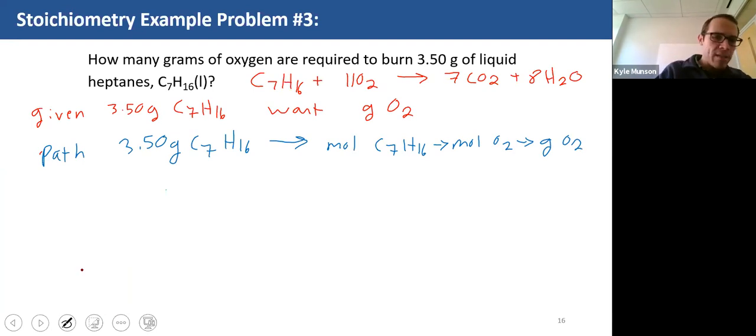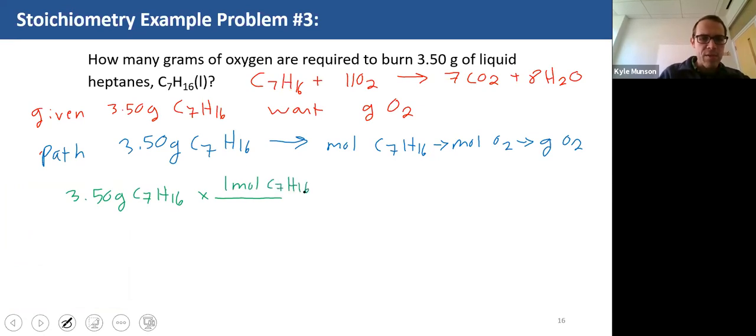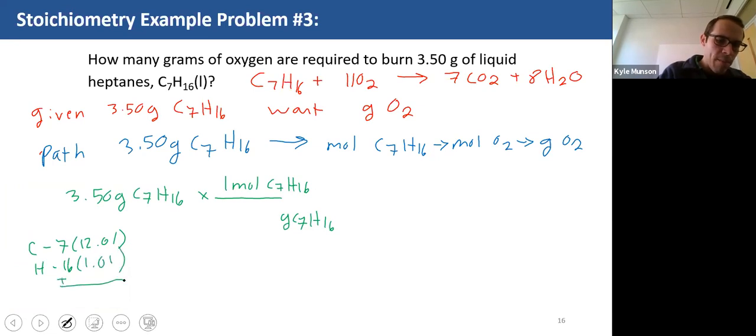So the molar mass for, well, let me do it this way. Hold on, getting ahead of myself here. So I have 3.50 grams C7H16 times, for every 1 mole of C7H16, there's a certain number of grams, and that comes from the molar mass. So if you do that here, we have 7 of them, right off the periodic table.